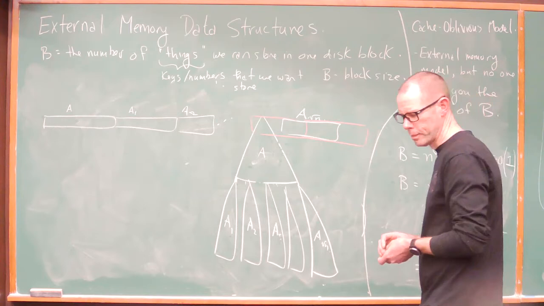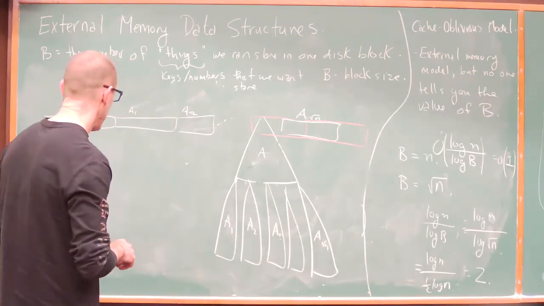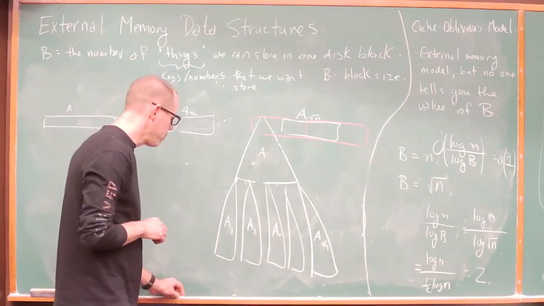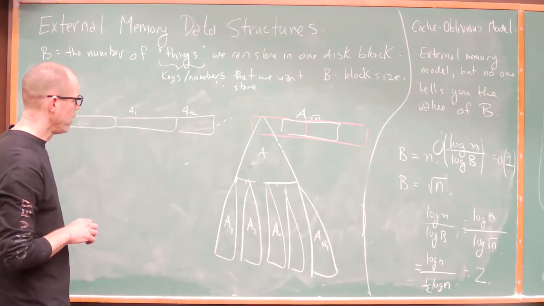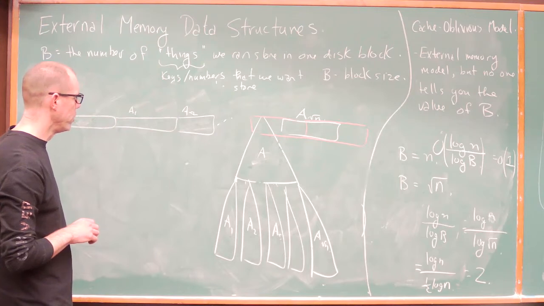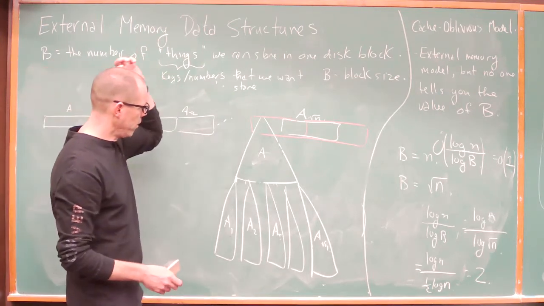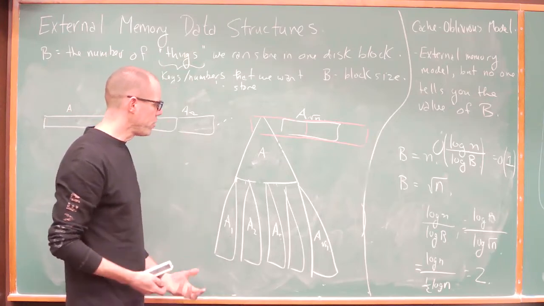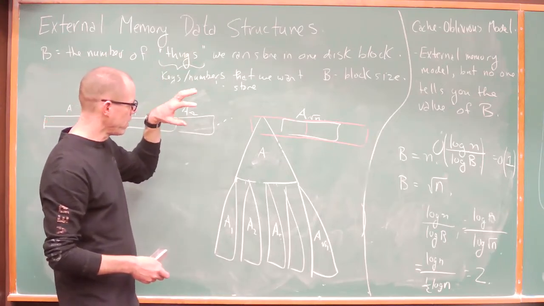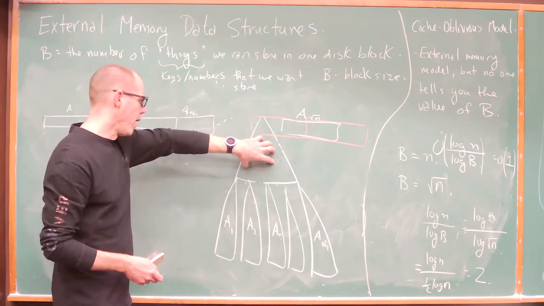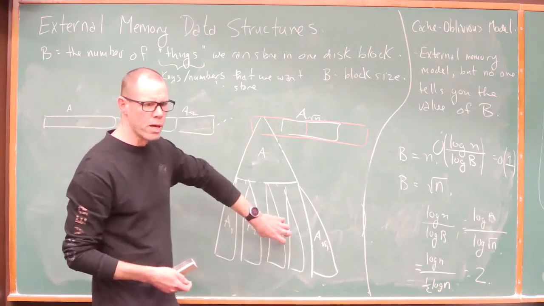Could we recurse on the top part of the tree? Mm-hmm. So basically what I've done is, the way to make a data structure of size n is to make a data structure of size root n, which will then push you into one of these other data structures of size root n.